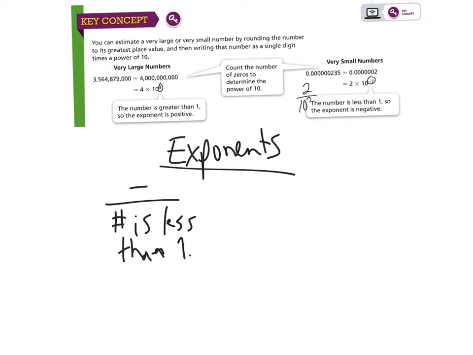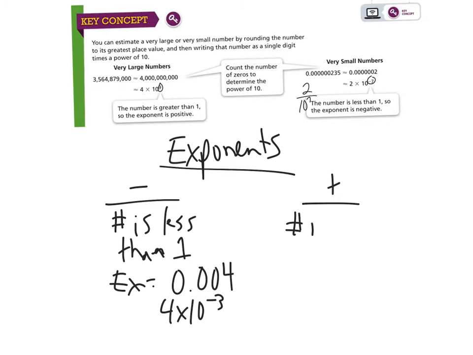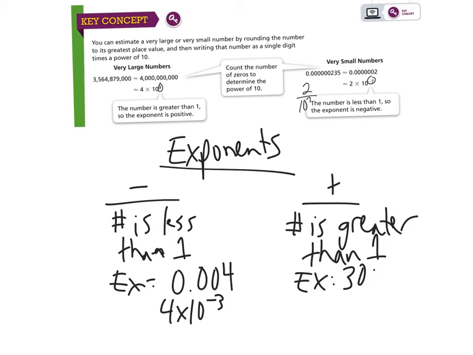If you have a negative exponent, for example, if you have 4 thousandths, that'd be 4 times 10 to the negative 3rd power. Positive exponent, the number is greater than 1. So for example, if we have 300,000, that'd be 3 times 10 to the 5th power. Okay, so positive exponent is bigger numbers, negative exponent is smaller numbers.